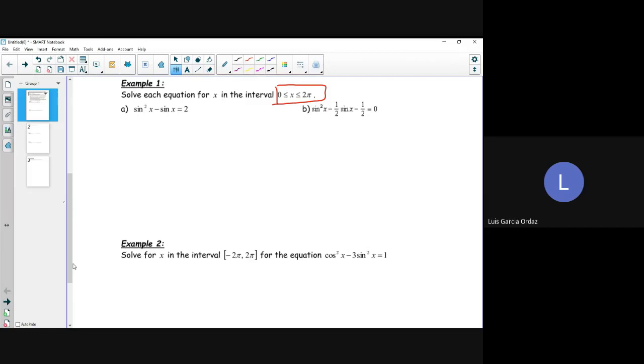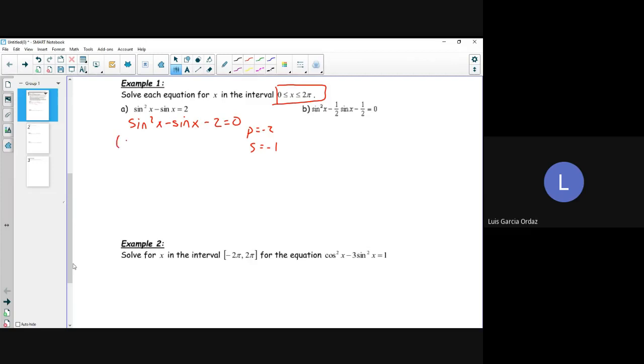We move the 2 over, which gives us sine squared x minus sine x minus 2 equals 0. Now we have a quadratic where our product is -2 and our sum is -1. These two numbers are -2 and +1.